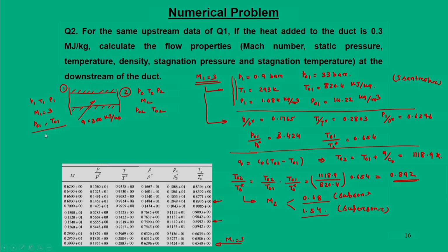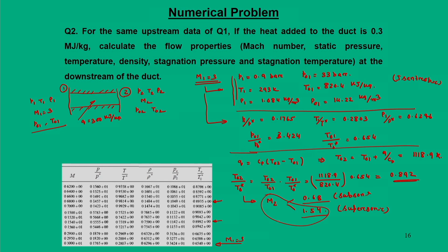That means, it is not possible to bring a supersonic flow to subsonic flow without reaching a sonic state. So, that is not possible. So, in this case we cannot reach the subsonic state directly. So, the one solution that is possible is M2 should be 1.54.